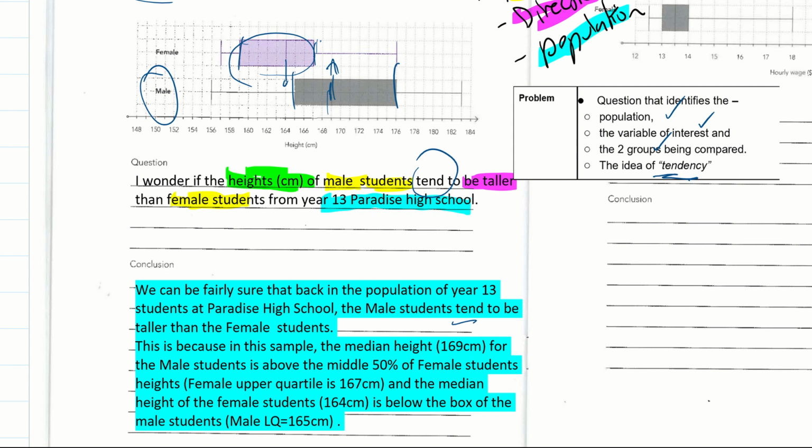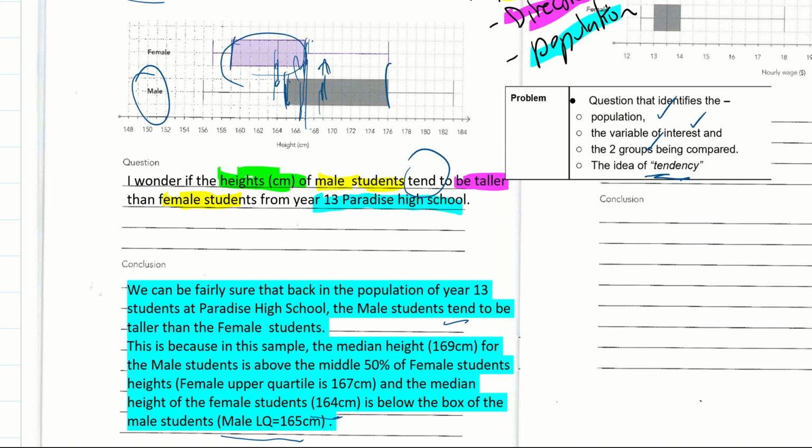The female upper quartile is 167. You can see that, the upper quartile, because it's kind of like the boundary of where it happens. And the median height for the female students, 164, is below the box of the male students. And it tells me that the male lower quartile is here. And you can see that those numbers are backing that up.